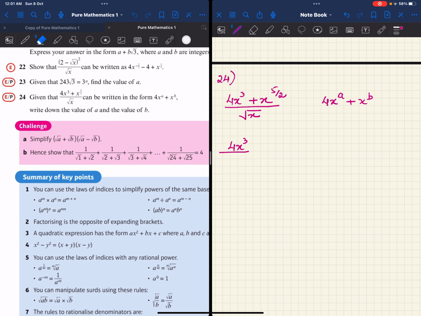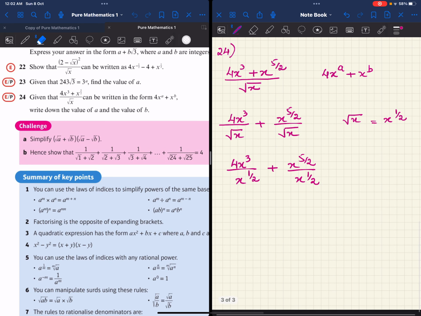So we have 4x cubed divided by root of x, plus x to the power of 5 by 2 divided by root of x. Again we know that square root of any number is equal to the number to the power of half. Therefore we can rewrite this as 4x cubed divided by x to the half, plus x to the power of 5 by 2 divided by x to the power of half.